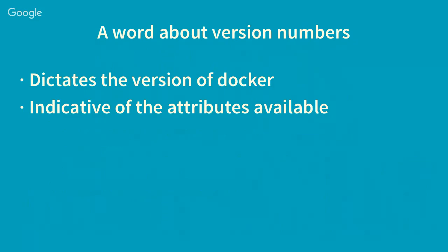Well, it's indicative of what attributes are available in your Docker Compose file. Health check, for example, is only supported from version 2.1 and above. And mounting read-only volumes is only available from version 3.4 and above. So you do kind of have to pay attention to what it is that I'm trying to do, what version of Docker do I need, and what version of the Docker Compose file do I need to specify in order to get the proper commands.